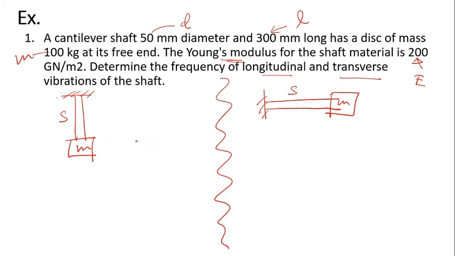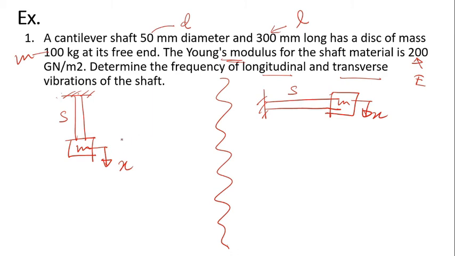Now first we have to derive the generic equation for this vibratory motion. Okay, so how to do that? We give a small displacement x, and here also we can do the same.